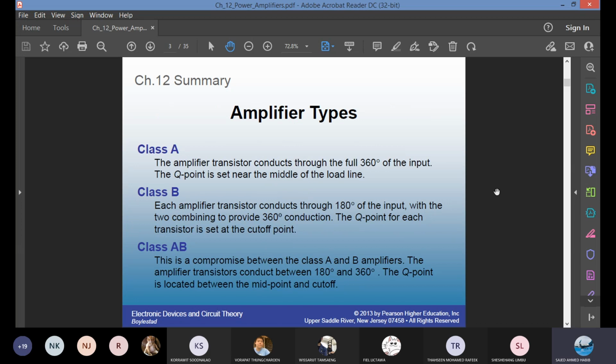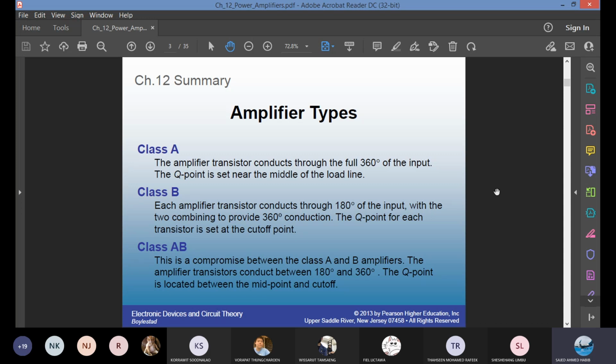I talked about five main types of power amplifier. They are classified using an English alphabet lettering system. The first type is called class A. In this amplifier, if you provide an input, for example, a sine wave or a square wave, the output will show a waveform for the full 360 degrees of the input.